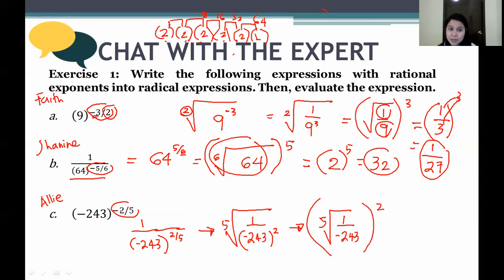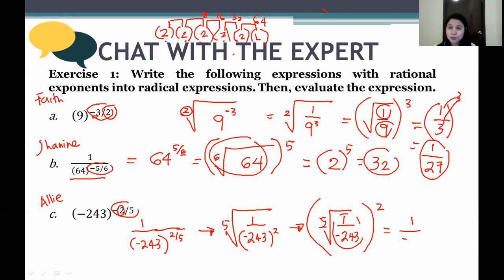Why square? Because the numerator is 2. Now, since this is a fraction, possibly our fifth root is also a fraction. What's the fifth root of 1? It's still 1. The denominator is negative, so the answer will be negative.